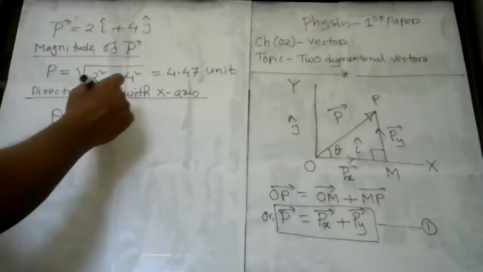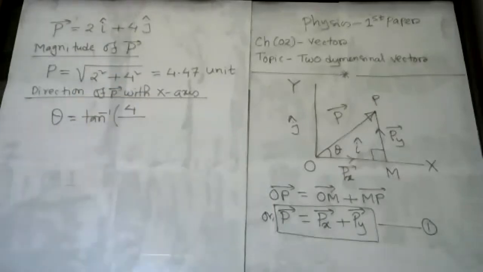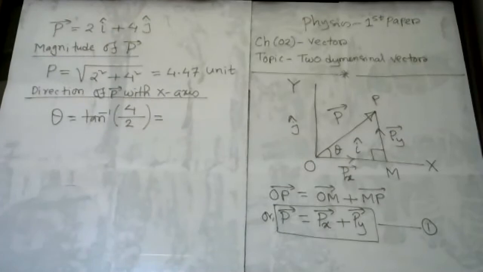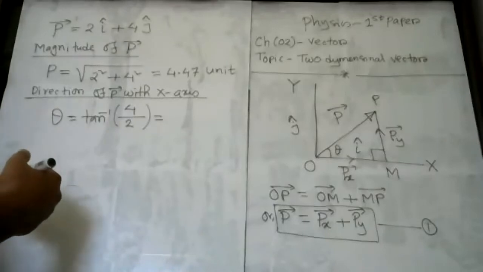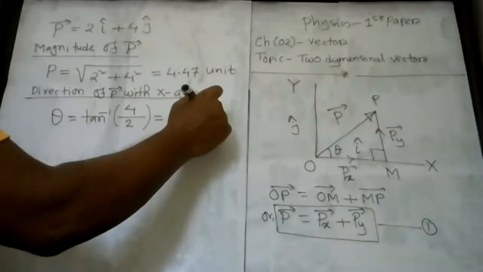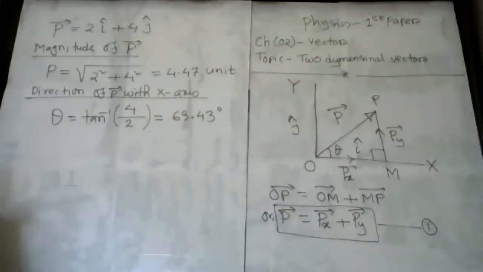Now, what is the value of Py? Py equal to 4 and Px equal to 2. So 4 divided by 2. Now find out what is the value of the angle with the x-axis for this two-dimensional vector. 63.43 degree. So theta equal to 63.43 degree.